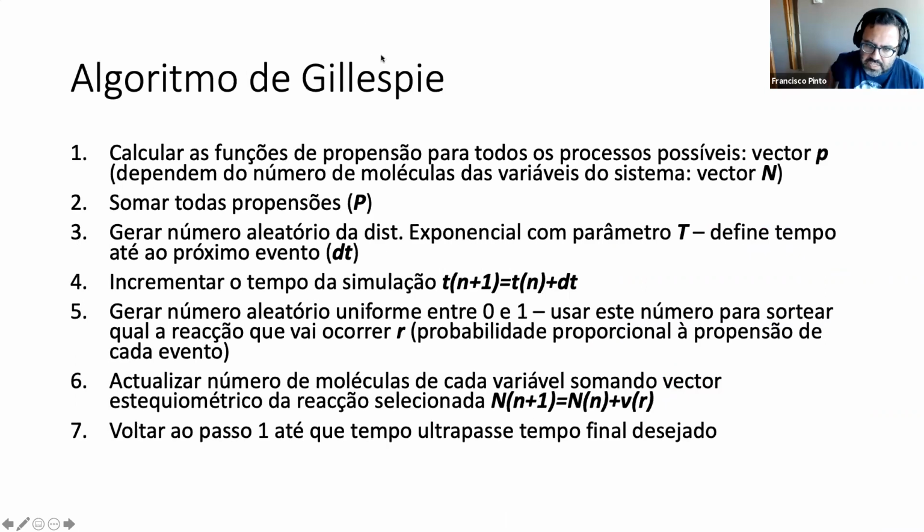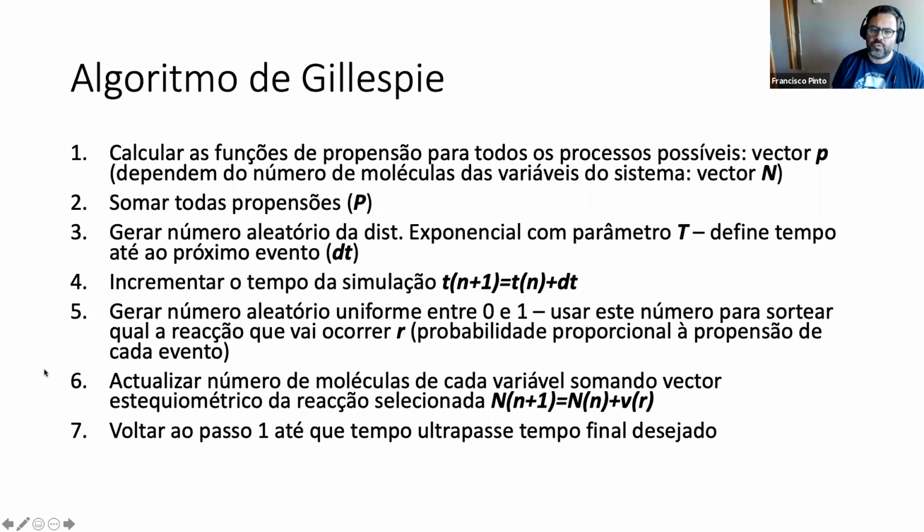That basic algorithm, the first one developed to make these stochastic simulations, is called the Gillespie algorithm. And you can follow this algorithm in these 7 steps.